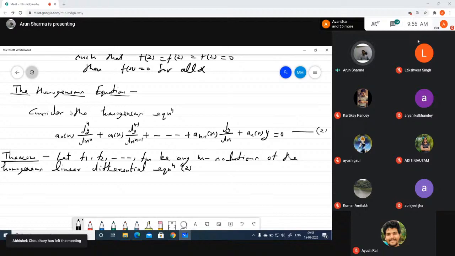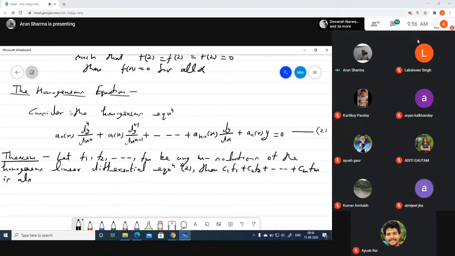Okay, so these are m solutions. Then their linear combination c1 f1 plus c2 f2 plus dot dot plus cm fm is also a solution of 2.